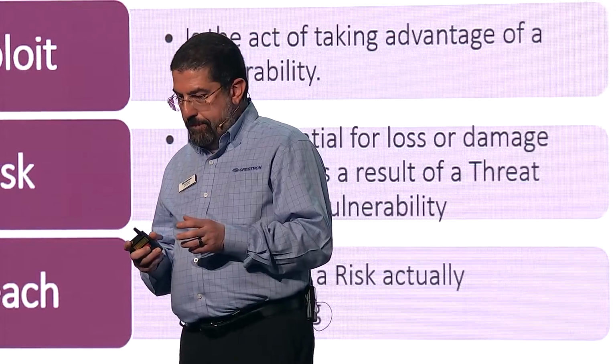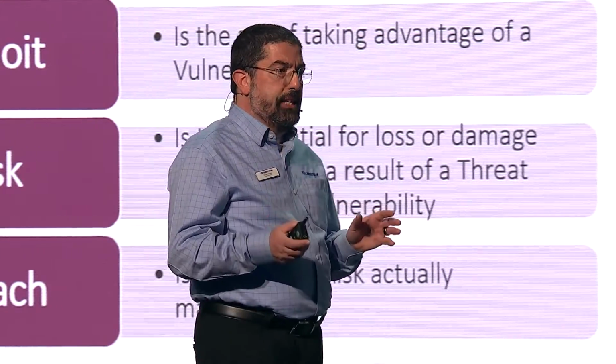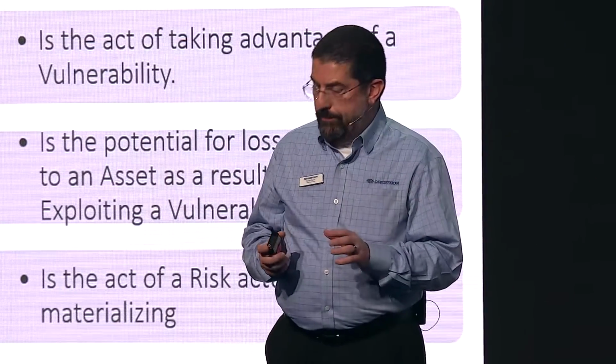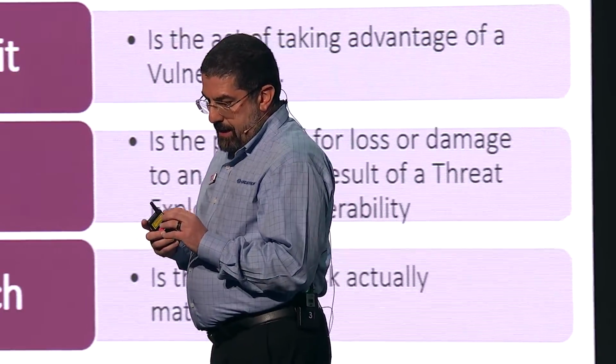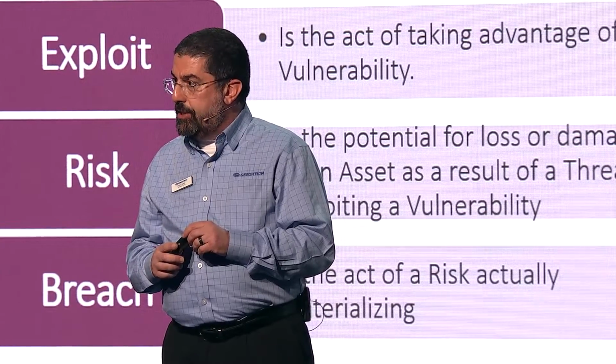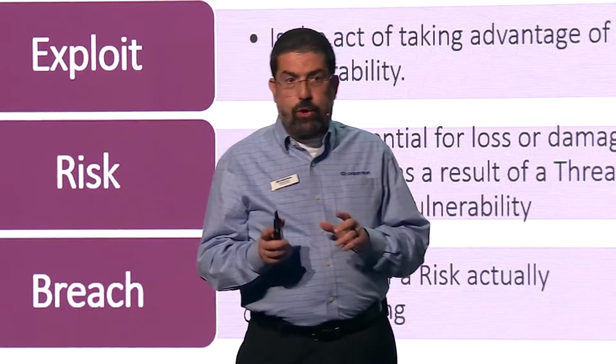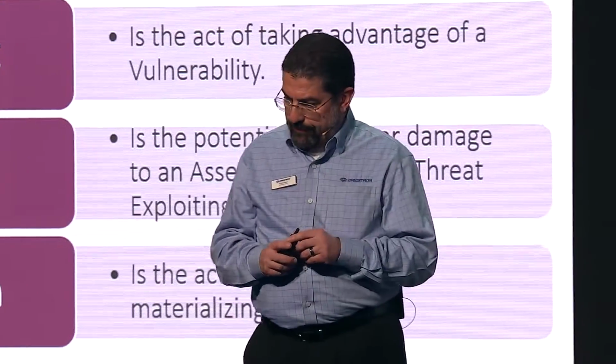A vulnerability is an identified weakness, but by itself, it's not necessarily a dangerous situation. It is possible for a threat actor to take advantage of the vulnerability, and there's additional cause for concern when that happens.